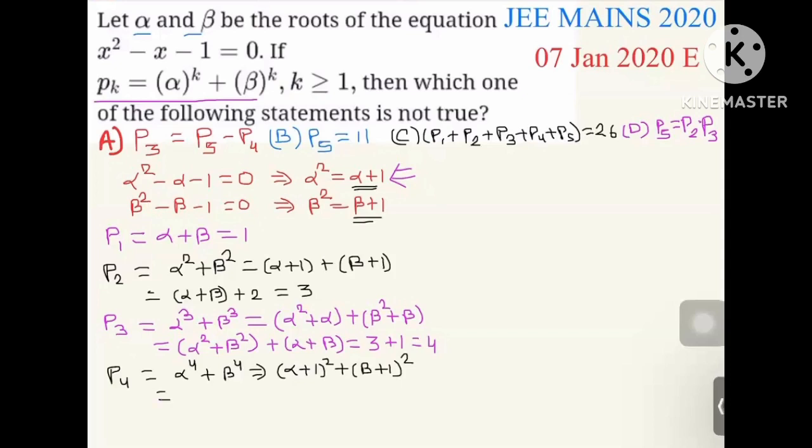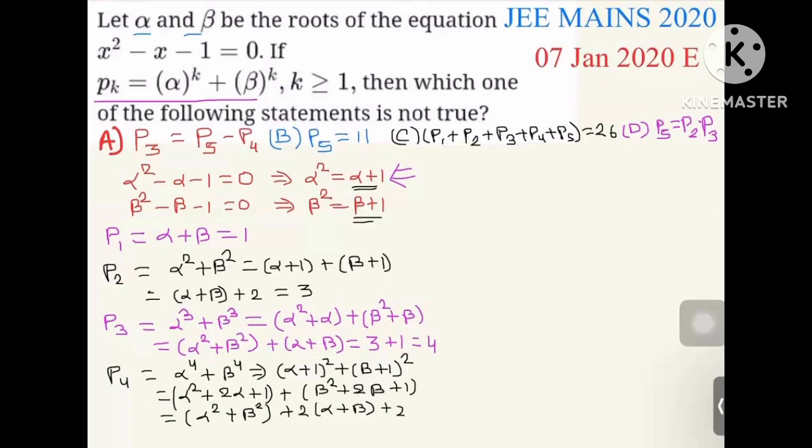Or we can write alpha square plus 2 alpha plus 1 plus beta square plus 2 beta plus 1. Or we can write alpha square plus beta square plus twice of alpha plus beta plus 2. So the value of P4 we will get.